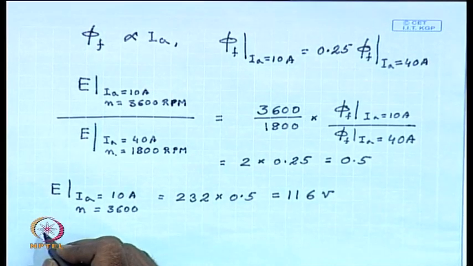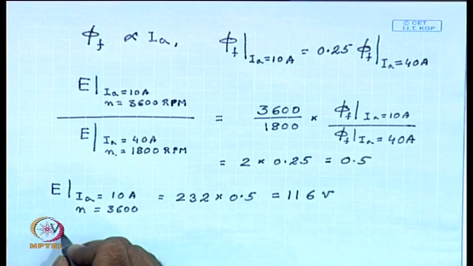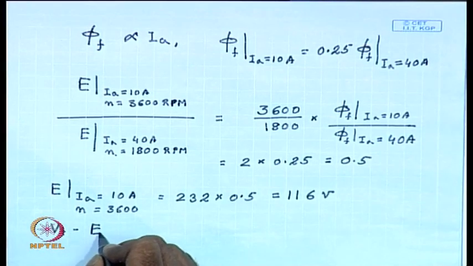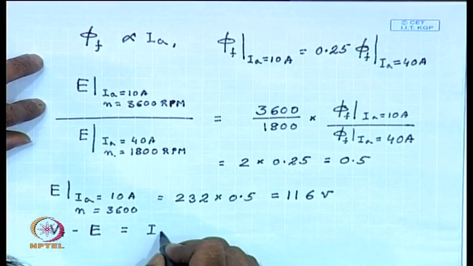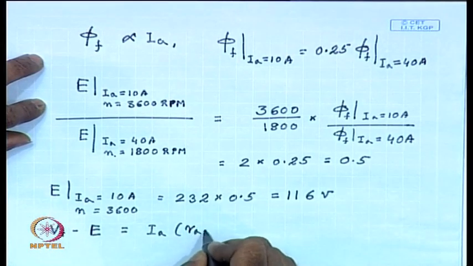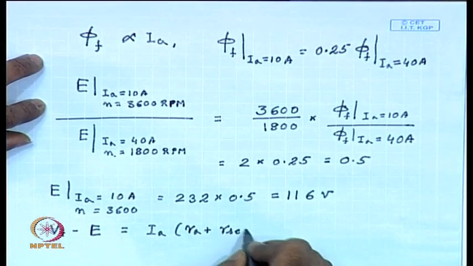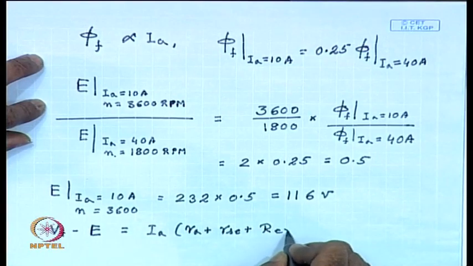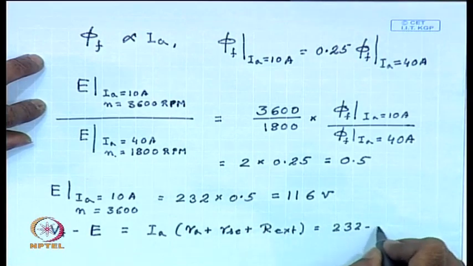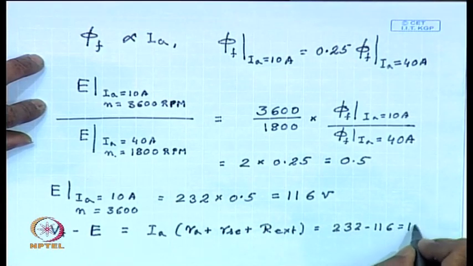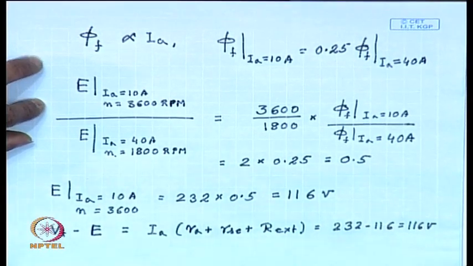Therefore, V t minus E equal to I A into R A plus R A C plus R external equal to 232 minus 116 equal to 116 volts.